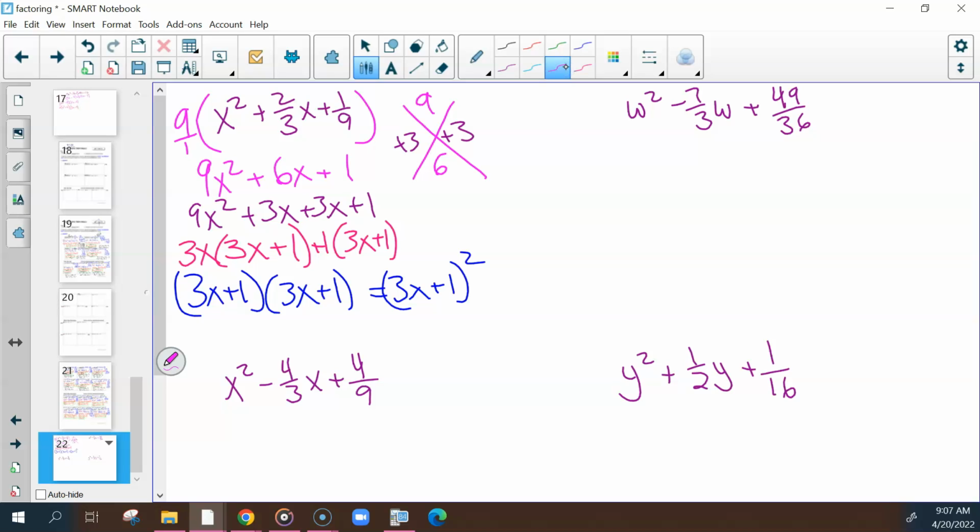So for this one, we're going to multiply everything by the denominator, 36. So we would end up with 36w squared. I know 36 divided by 3 is 12. 12 times negative 7 is what?